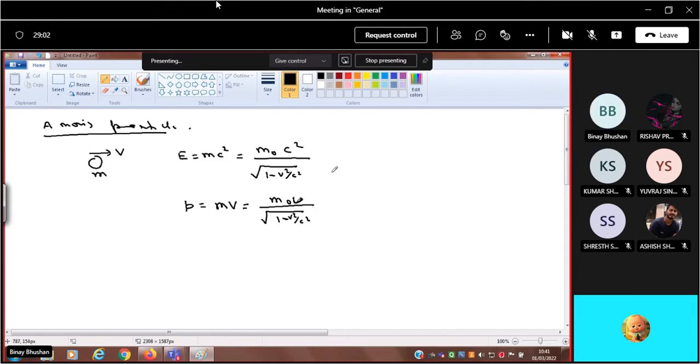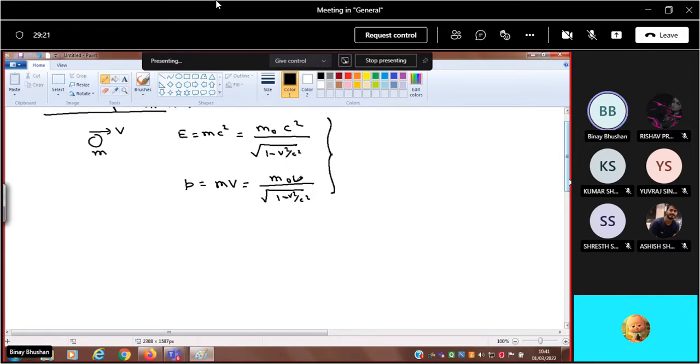So you can see the momentum expression also changes in STR. It's not only mv, it's m naught v by root of 1 minus v square by c square.